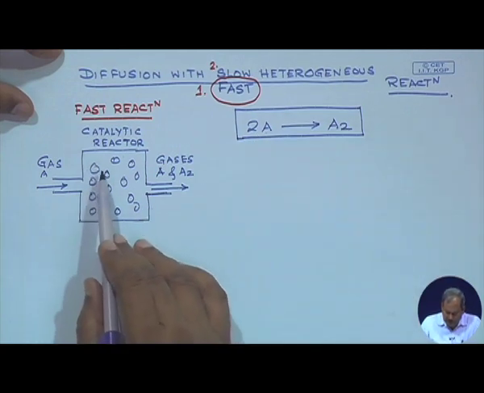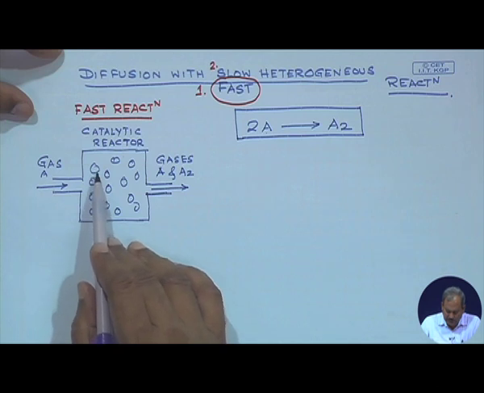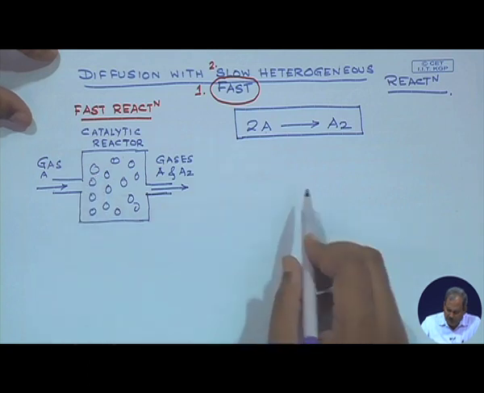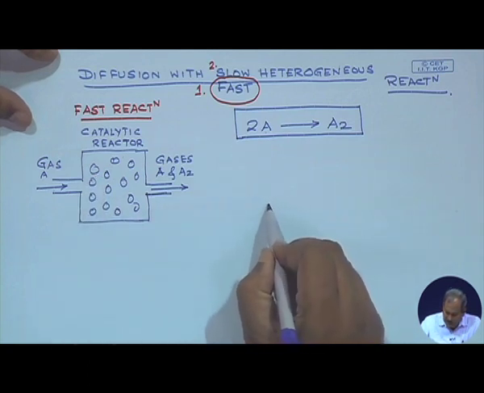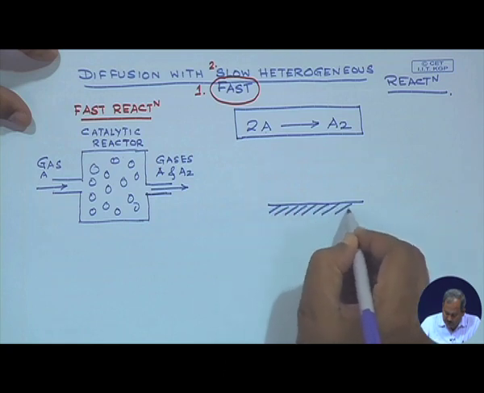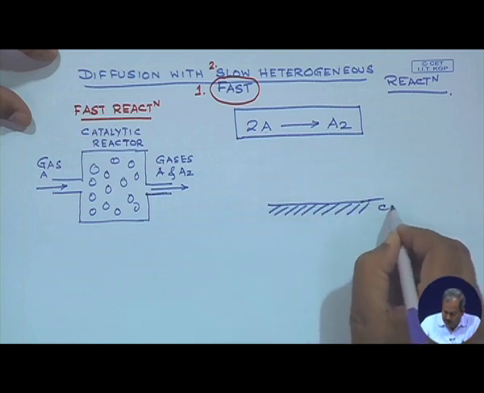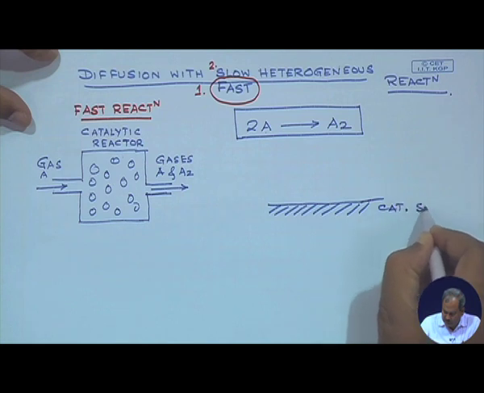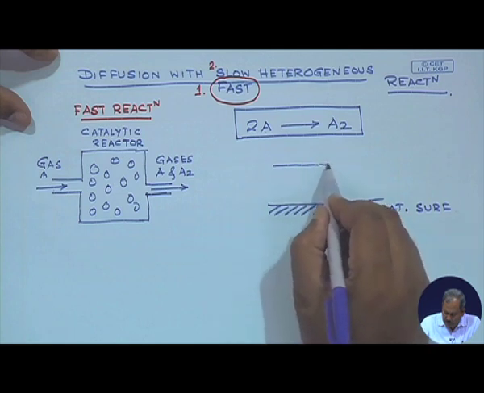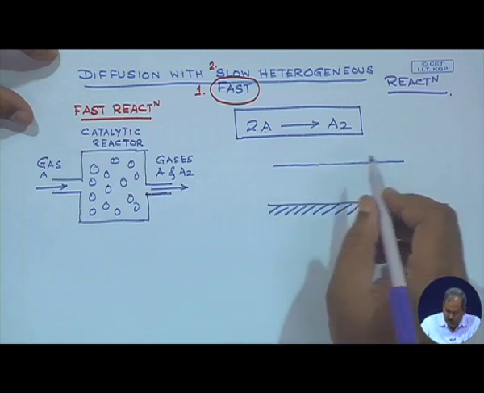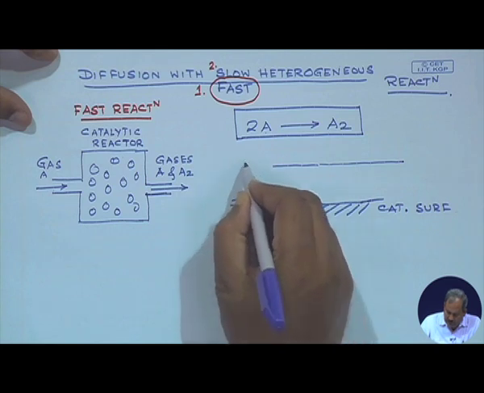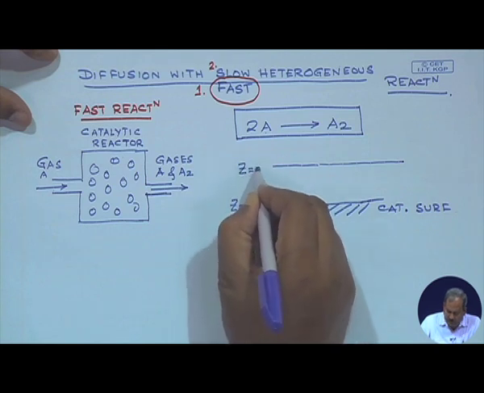Now, fundamentally it is easier to handle these catalytic particles if we assume that the catalyst surface looks something like this. So, this is the catalyst surface on which the reaction takes place, surrounded by a thin stagnant film. This is at Z equals delta and this is at Z equals 0.